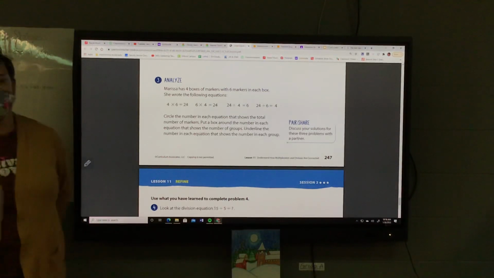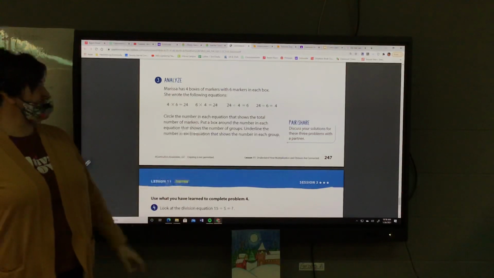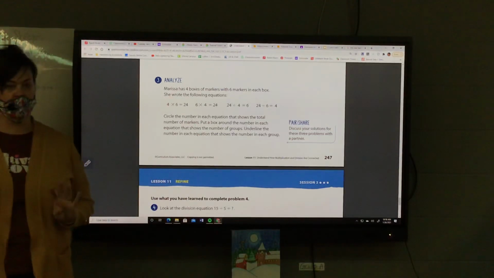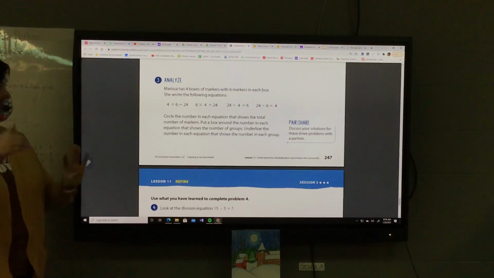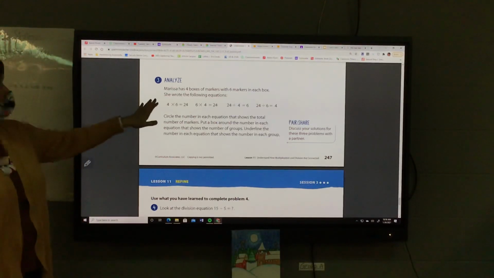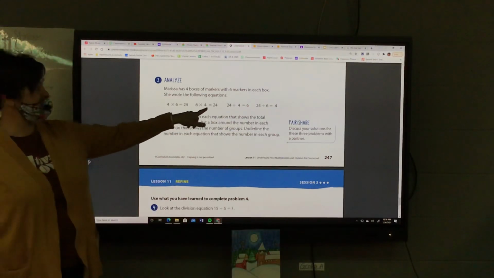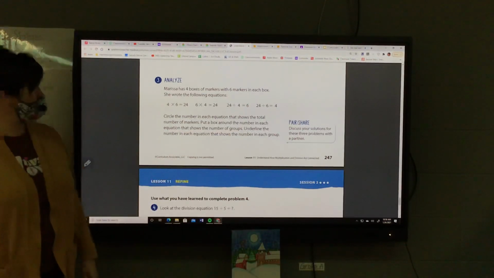Okay, part 3 says analyze. Marissa has 4 boxes of markers, with 6 markers in each box. She wrote the following equations. So look carefully at those equations.